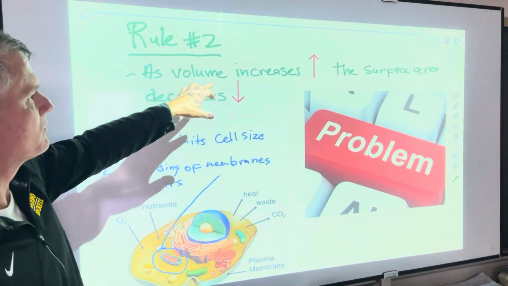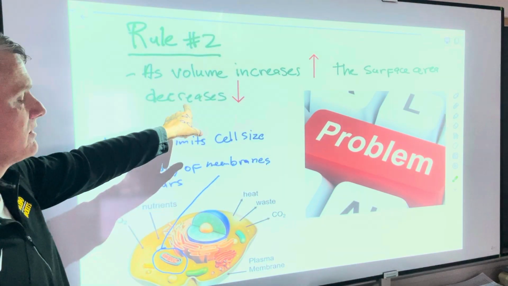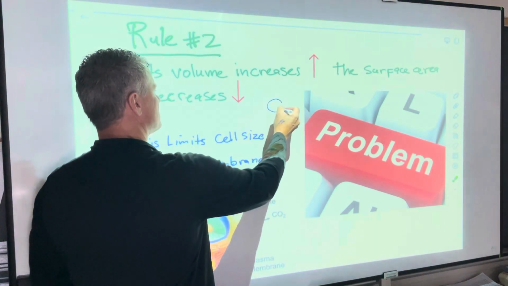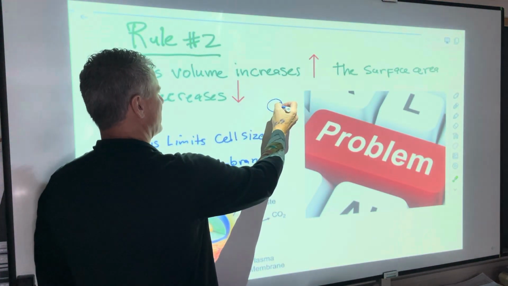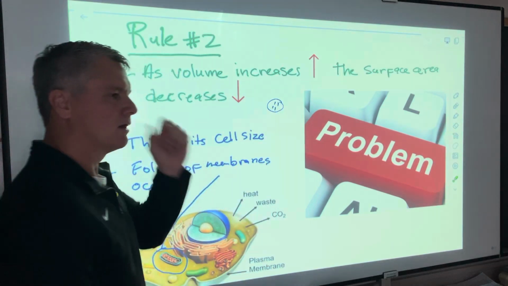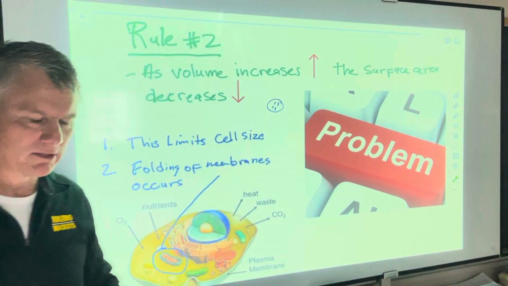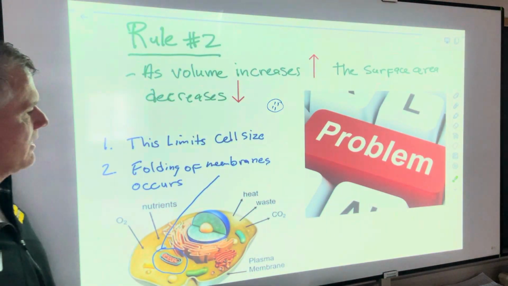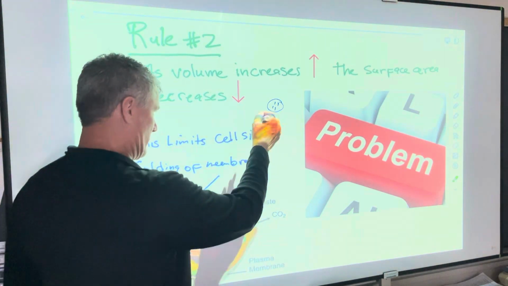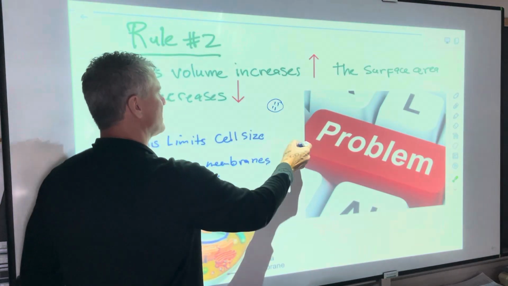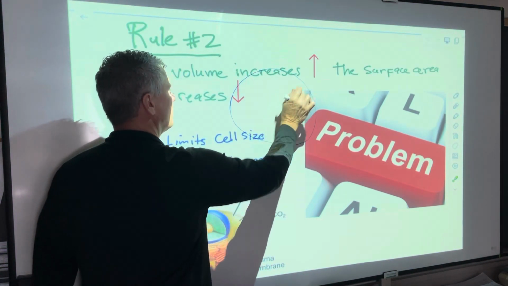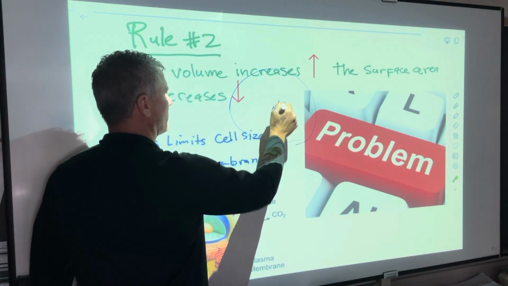So as the volume increases, the surface area decreases. And I want you to think of it this way. If this is a small cell, and let's just say it has 1, 2, 3, 4 doors, openings to get in nutrients and all the things it needs and get out all the waste, it's going to have a hard time. But let's say we increase the cell size, but we keep just 4 doors.